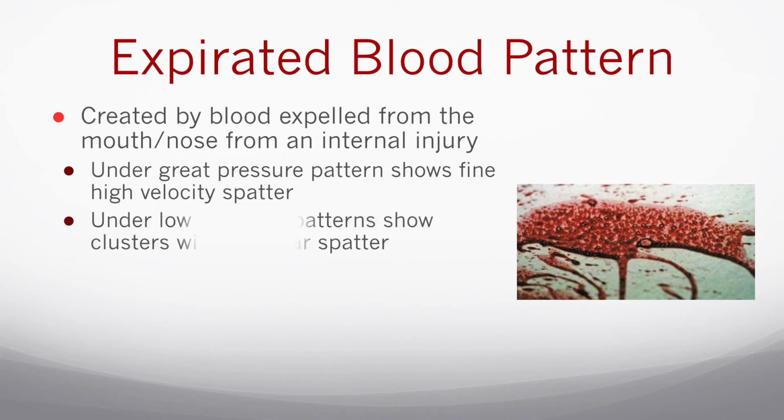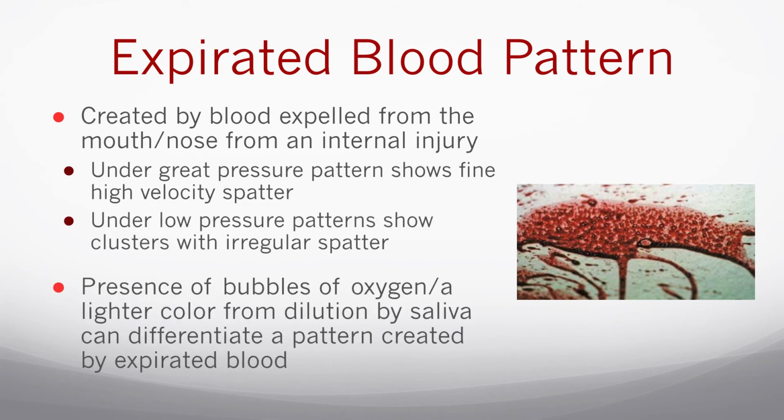Expirated blood patterns are created by blood expelled from the mouth or the nose, and this is due to an internal injury. Under great pressure, the patterns show fine, high-velocity spatter. Under lower pressure, the patterns show clusters with irregular spatter. The presence of expirated blood gives an important clue as to the internal injuries suffered and the events that took place at the crime scene.